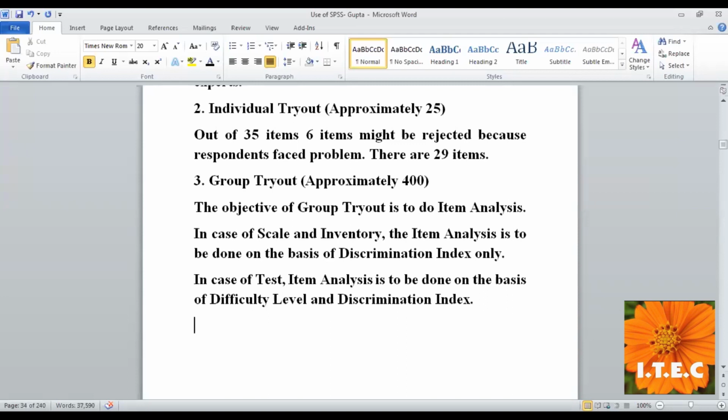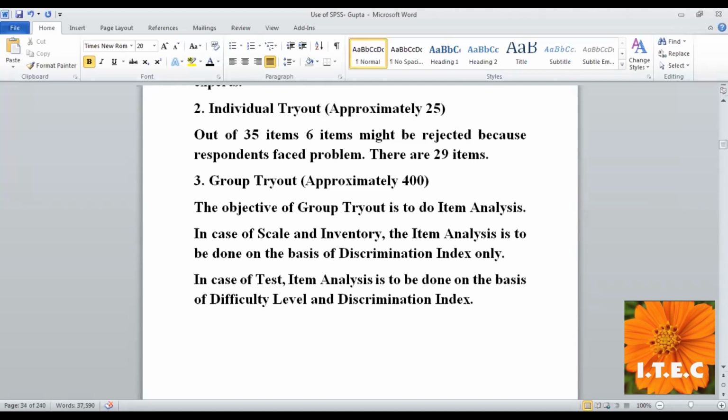And this group you are selecting in such a way that it represents your population with respect to the main characteristics, because true representation is not possible.